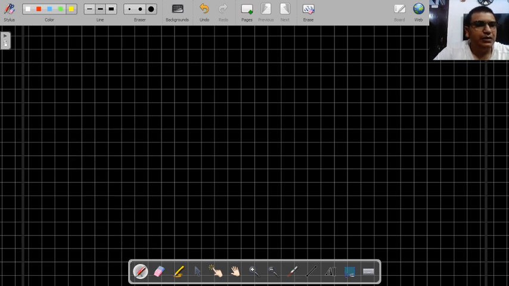Suppose there are two vectors. One is vector a, and this one is vector b. Now we have to find vector a plus vector b. So we draw vector b at the head of vector a, and that's how we add the vectors.